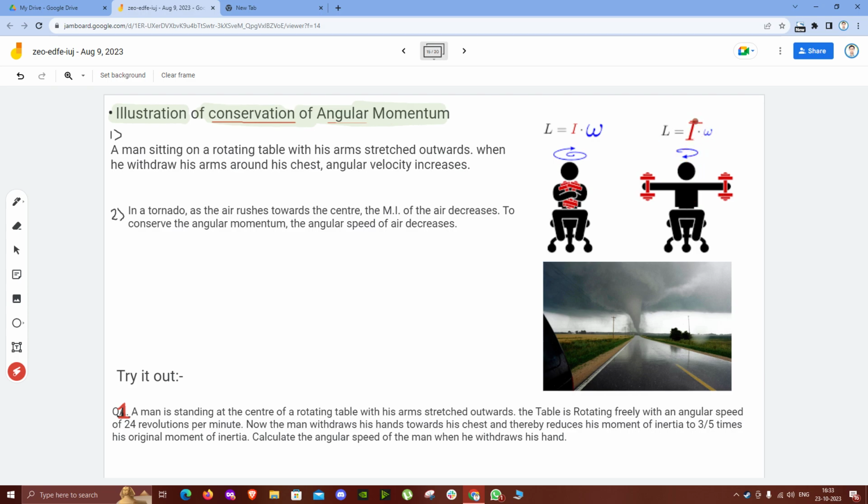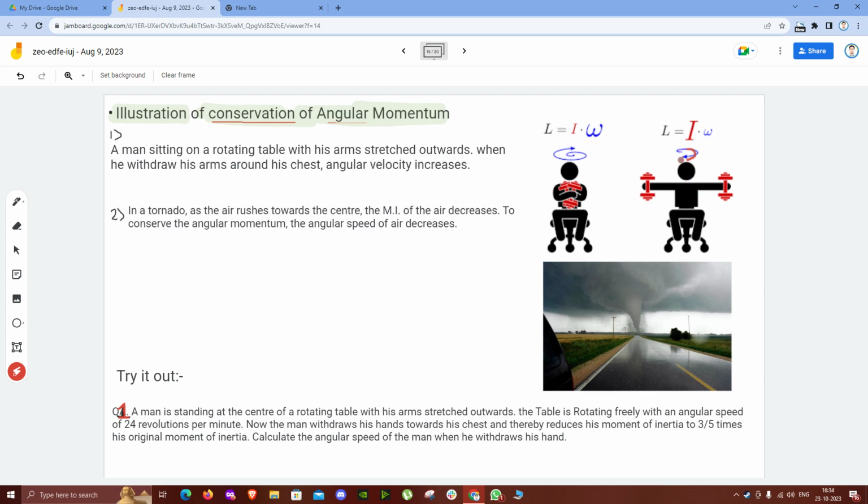See, here the I is bigger. Why is it bigger? Because the man's arms are stretched outward, so his distance from the axis of rotation is bigger. We know that I is equal to m r square. So if r is bigger, I is obviously going to be bigger. That's why I is written in a big size here, and omega is small.